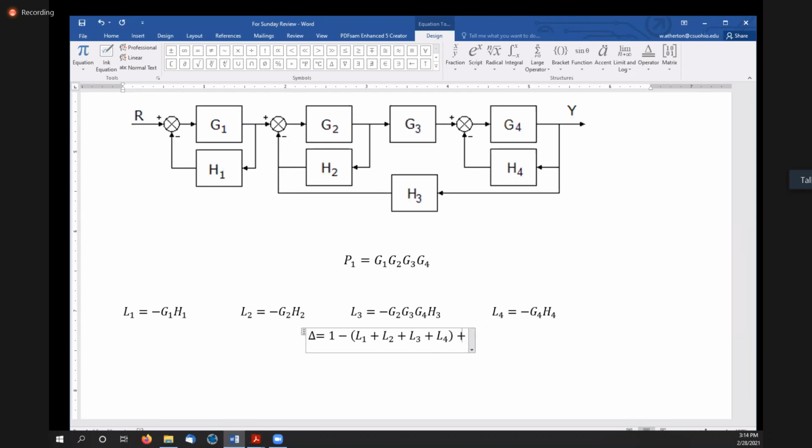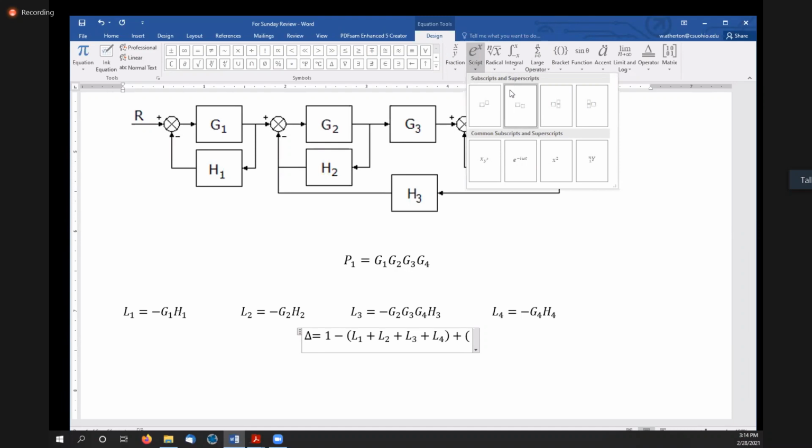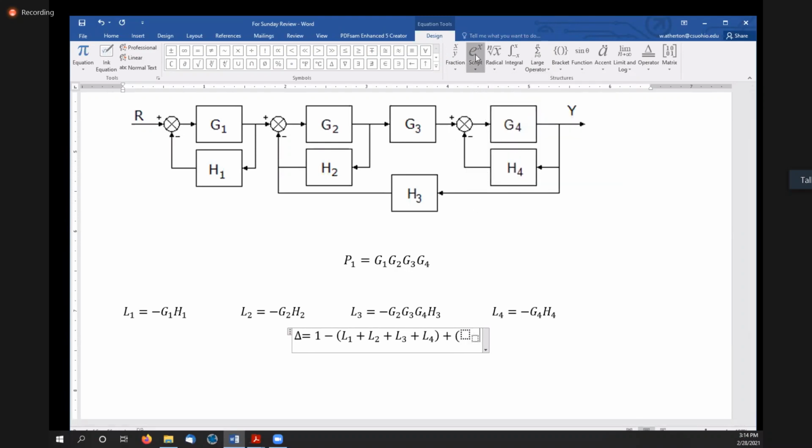All right, then we add in pairs of loops that don't touch each other. So if we look at this, we see loop 1 does not touch loop 2. So I've got L1, L2.